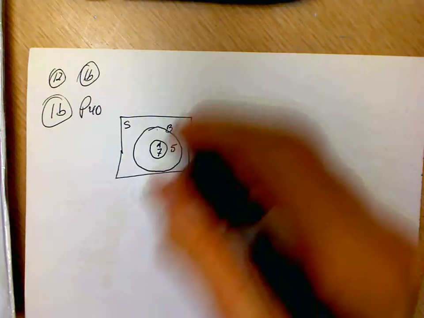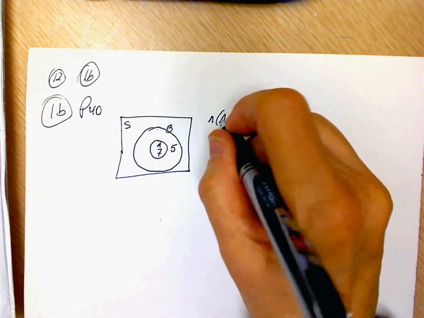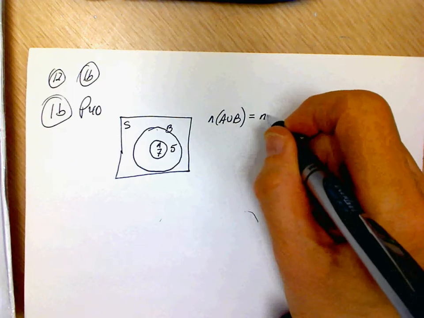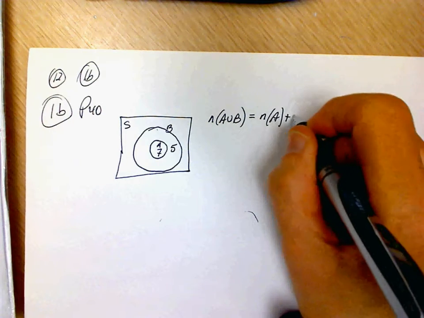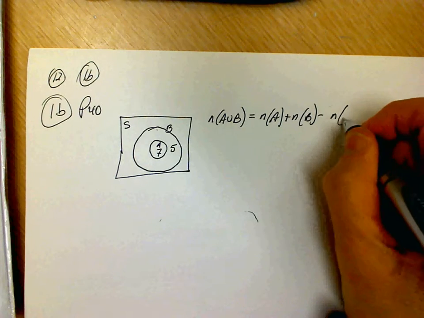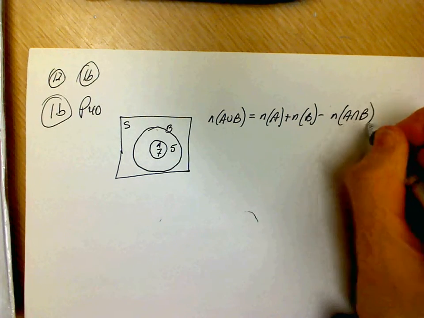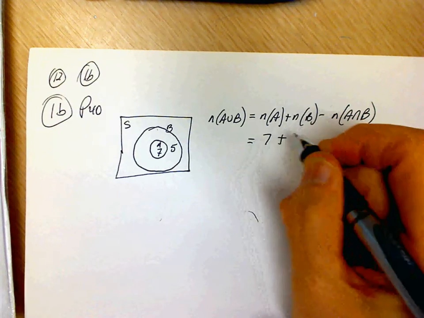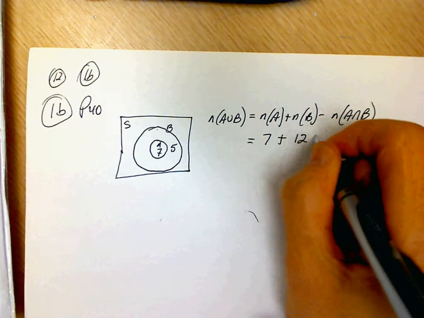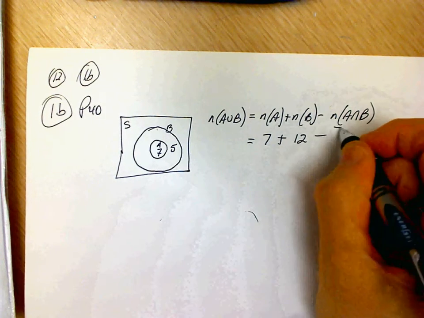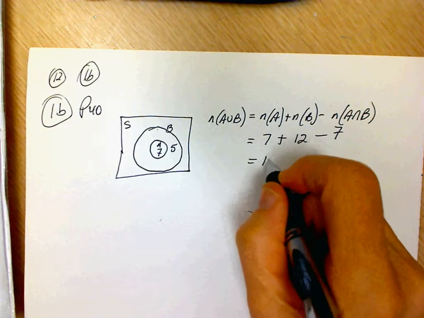So they want the number in A union B is equal to the number in A plus the number in B minus the number in A intersection B. So the number in A is 7 plus the number in B is 12, but can you see that the intersection is 7? So that's going to equal 12.